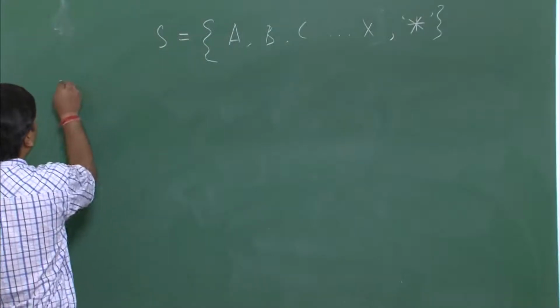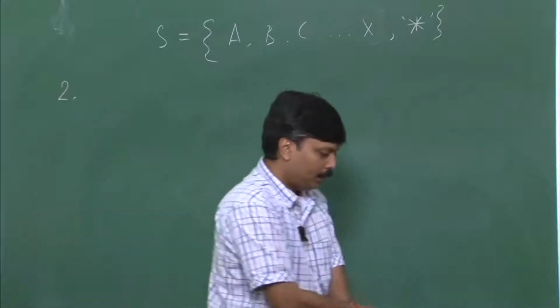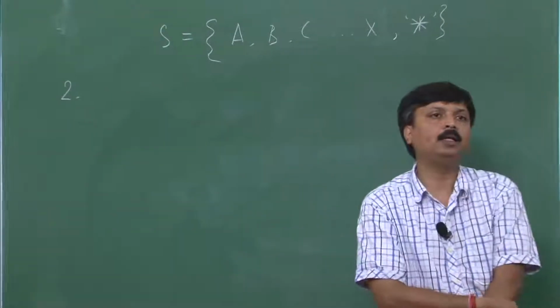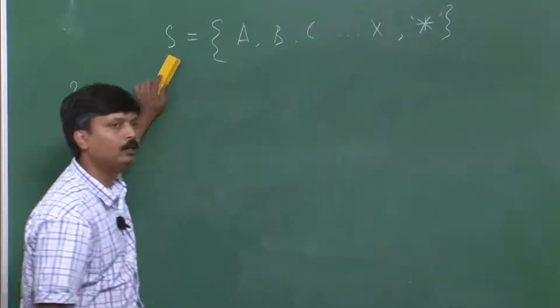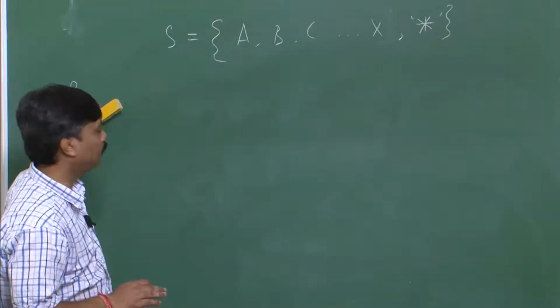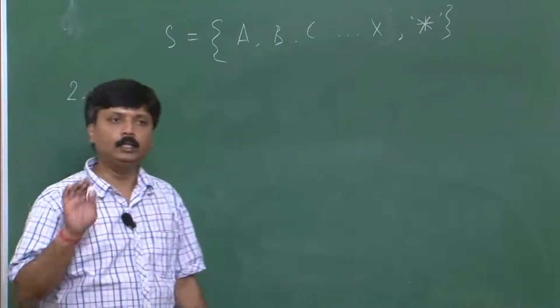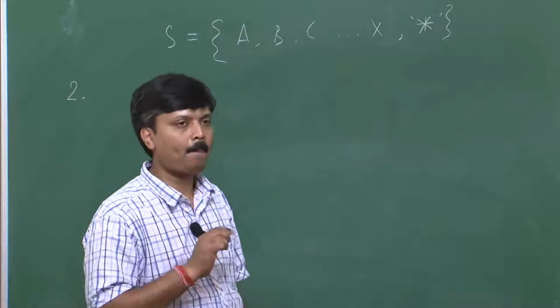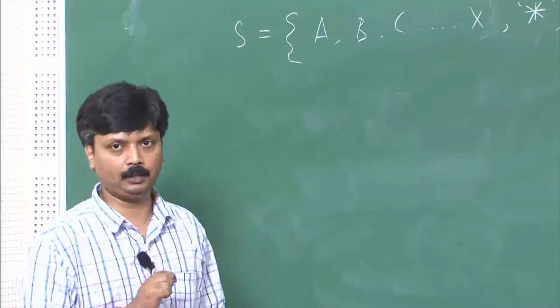Number 2 says that there must be an element within this set. Let us consider this set again. Law 2 says that there must be an element in this particular set such that it commutes with any of the elements.